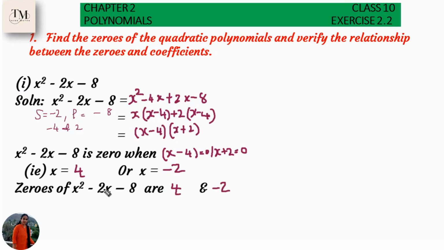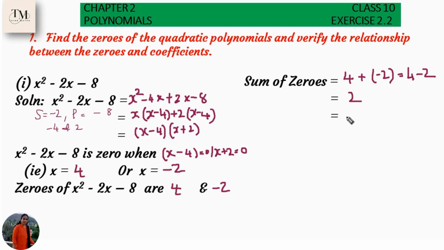So now we have to find the relationship between the zeros of the quadratic polynomial. First we have to find the sum of the zeros. So what are the zeros here? 4 and minus 2. So we have to add 4 plus minus 2, which is 4 minus 2, that is 2.